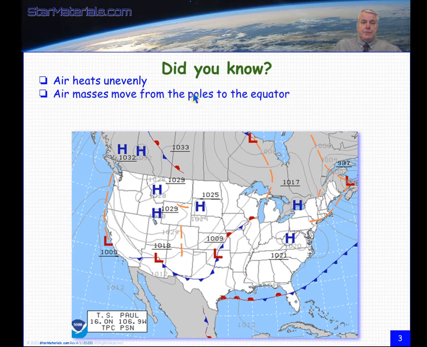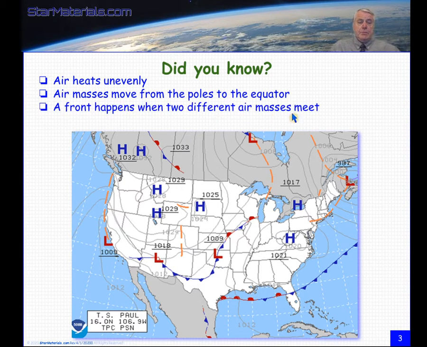Air masses move from the poles to the equator. So we have a general air flow from the poles towards the equator. A front happens when two different air masses meet. We have high pressure masses and low pressure masses.